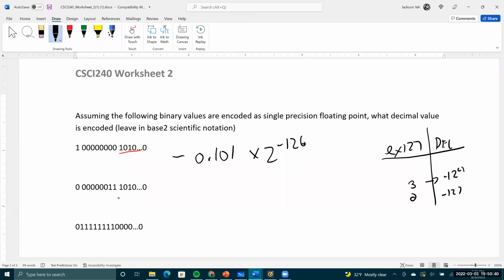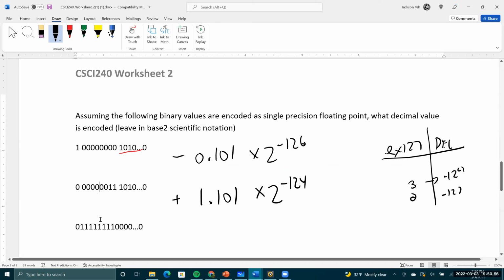So this will be times 2 to the negative 124. And then it's positive, and there's a hidden 1 because this is a regular float, so it's 1.101. All right, the next one.